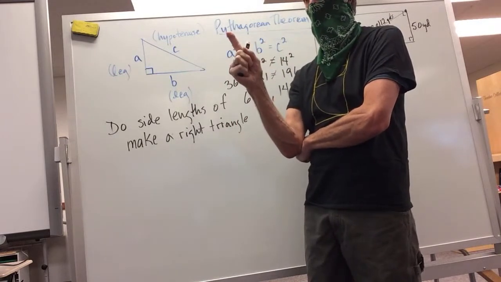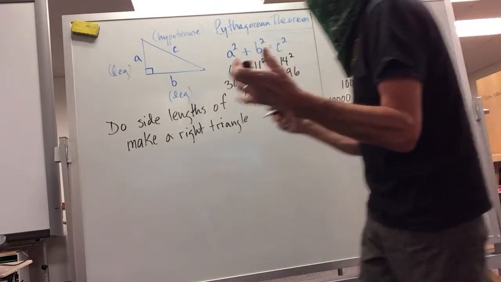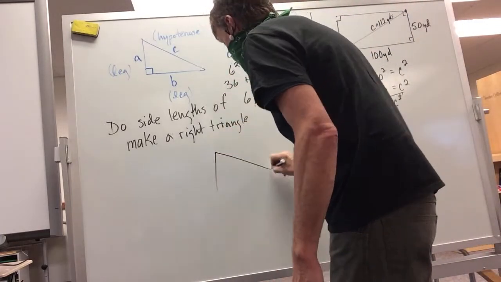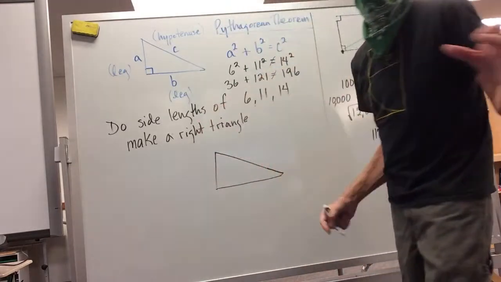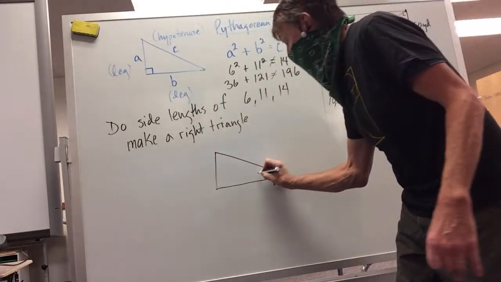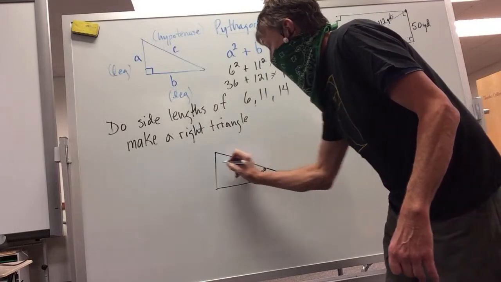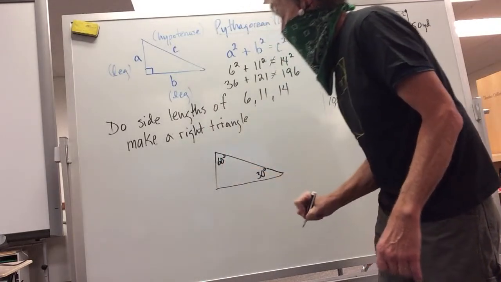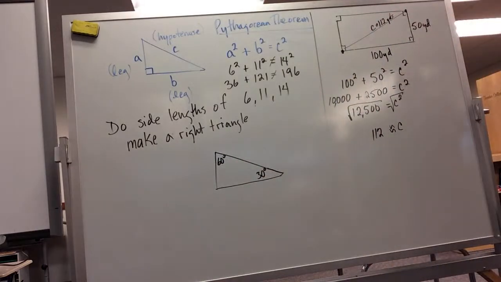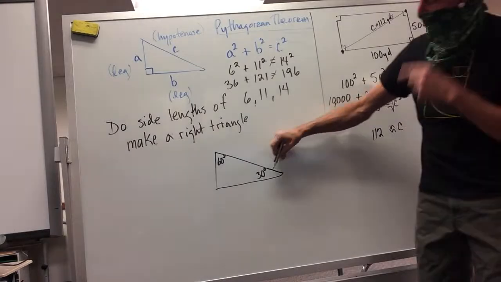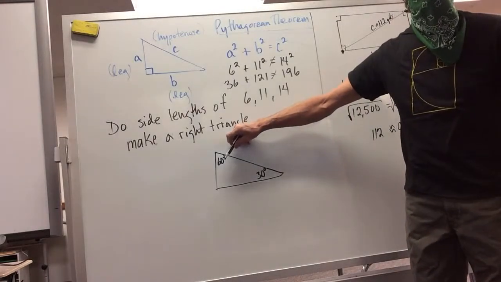And I gave you that because you might be given a triangle like this right here, and they don't tell you whether it's right or not. And they say that this is 30 degrees, and this is 60 degrees. And they ask you, could you use the Pythagorean theorem for that triangle? Yes or no? If all you're told is that this is 30 and that's 60, yeah.